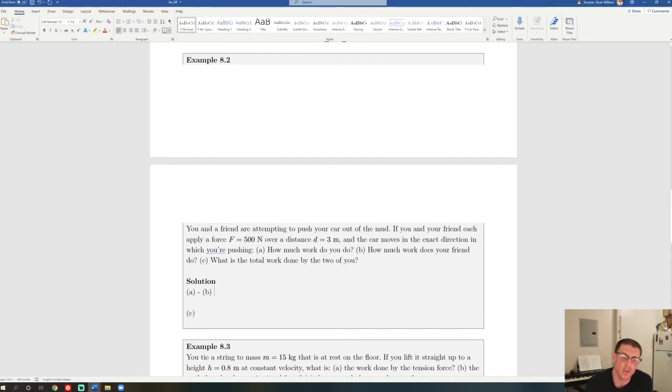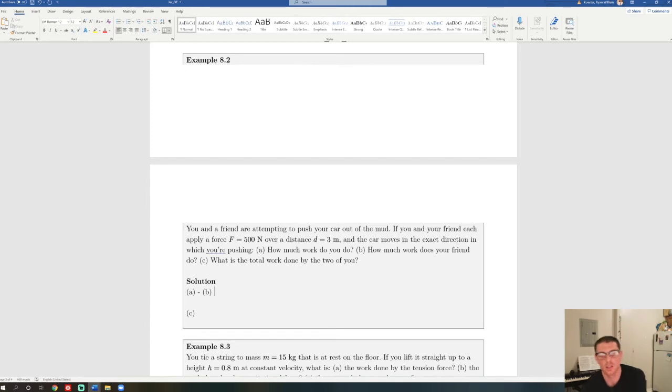the idea here is that you apply a force in a certain direction, right? And it's kind of arbitrary for this example, but the displacement of the car, the object to which you're applying the force, is in the same exact direction. And what this means, in terms of the equation, is that theta equals 0.